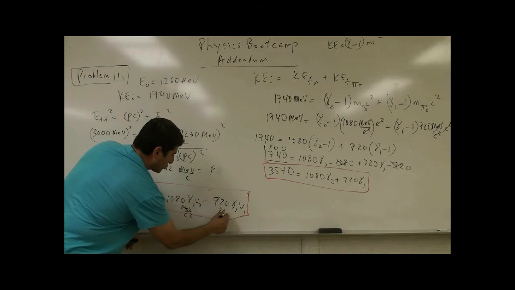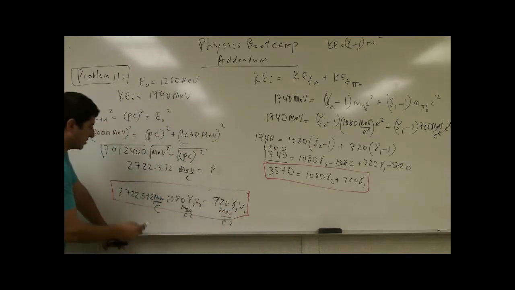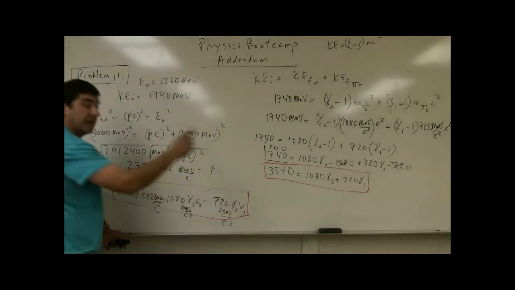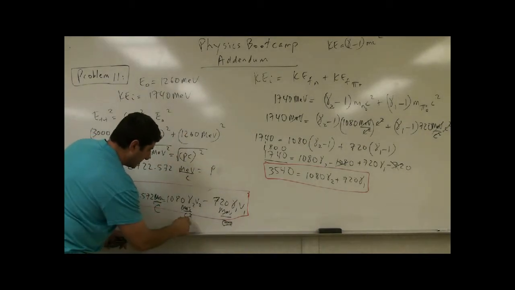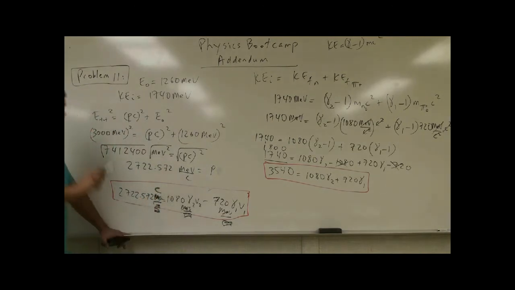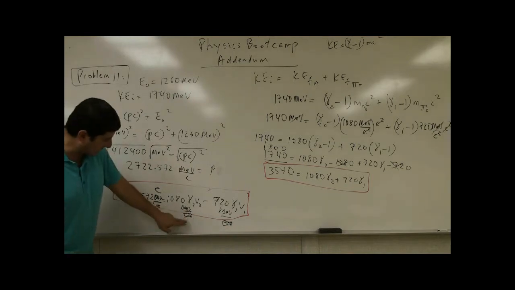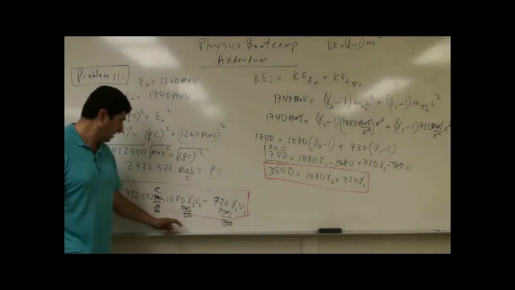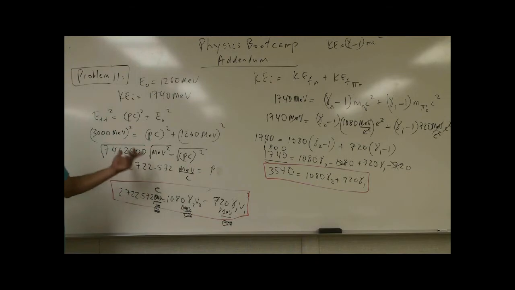So the mega electron volts cancel. If I multiply everything by C squared, the C squared cancel, I end up with a C on the top here. So if you're going to do it this way, you put the initial momentum as 2722.572, and then you have to put an extra C there, because that comes from the C squared and the C squared on the denominator here, which comes up to the top and becomes a C.